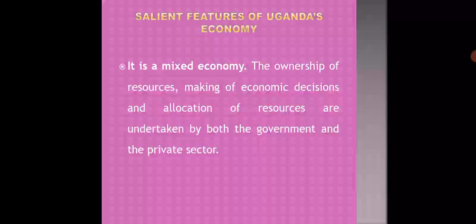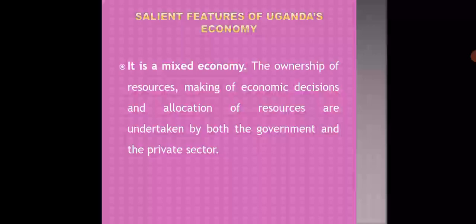It is a mixed economy. The other feature is that it is a mixed economy. The ownership of resources, making of economic decisions, and allocation of resources are undertaken by both the government and the private sector. So this feature describes our country Uganda as a mixed economy because of the ownership of resources in the country.